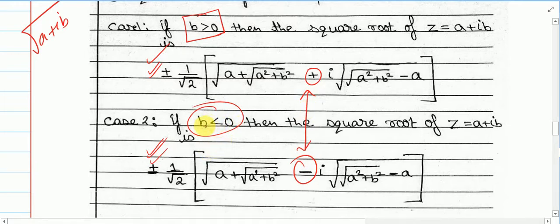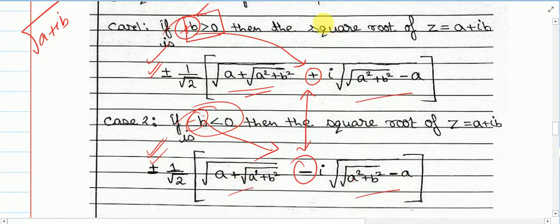So when b is less than 0, meaning negative, that time here also negative. B greater than 0 means we are talking about positive, so that time here positive. Rest you can see is same, here, here, here, here.